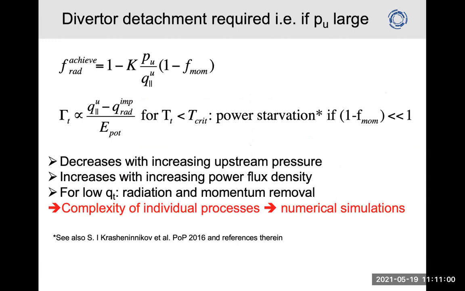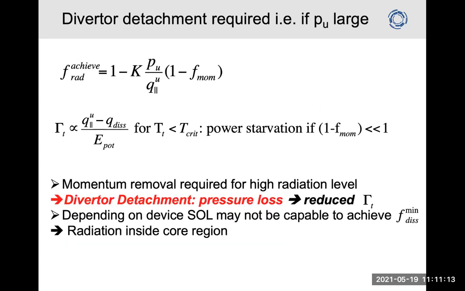Because everything is so terribly complex, we need at the end of the day to analyze the things. You need to have some numerical simulations that take into account all these processes. So this makes the need of numerical simulations. And now we come to a word that I haven't even used so far, and this is divertor detachment.